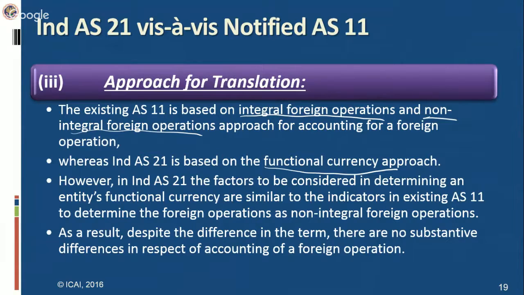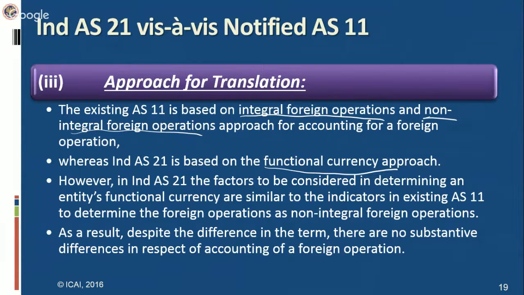An entity generally considers what type of factors in determining its functional currency. The very important factor is the currency which mainly influences sale price of the goods and services, and the currency of the country whose competitive forces and regulations mainly determine the sale price of the goods and services.